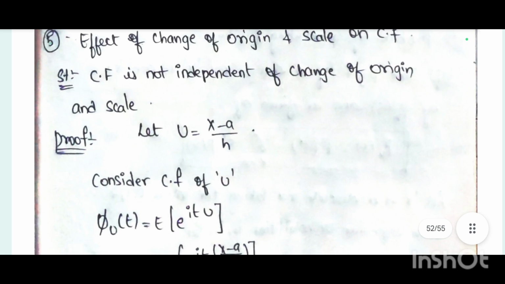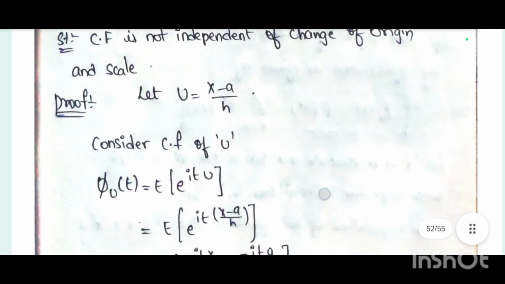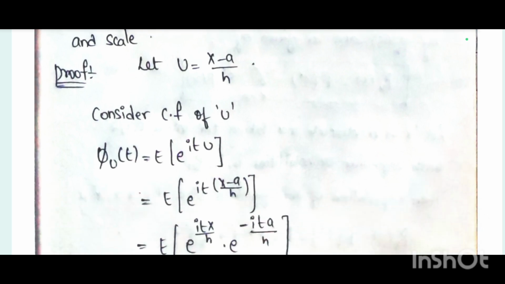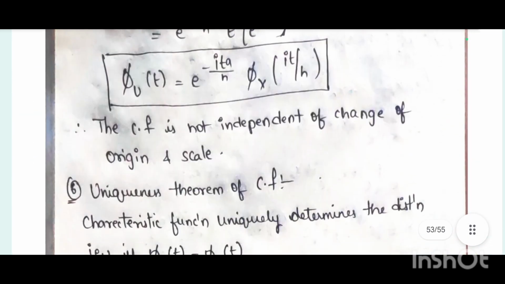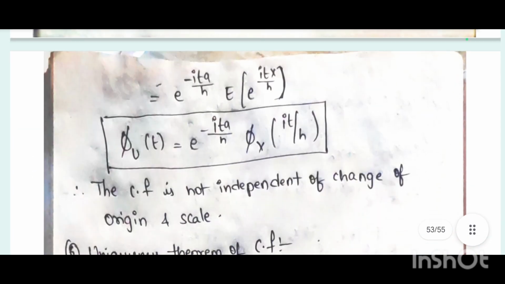Effect of change of origin also we have to discuss. This can be done as usual by letting u equal to x minus a divided by h. Consider the value and if you substitute the u value, then you will get e to the power of minus ita divided by h, which is a constant.